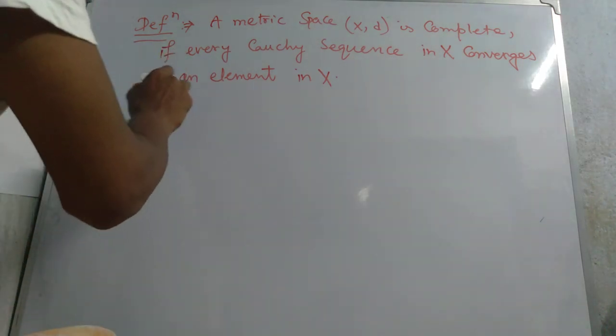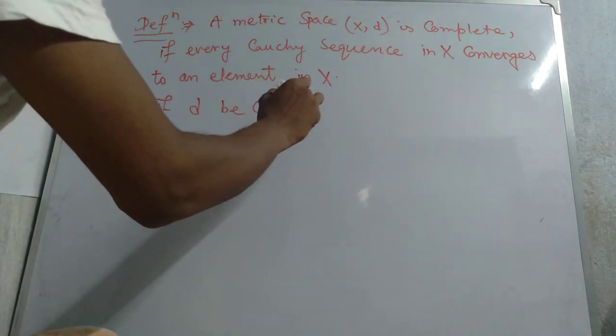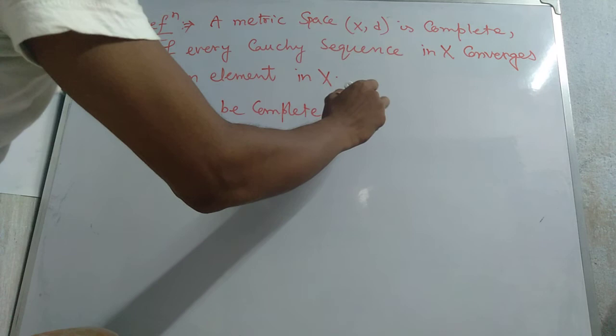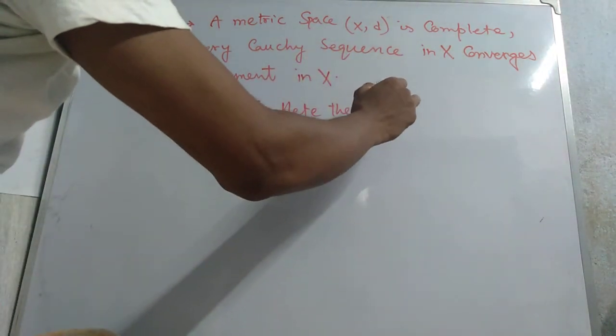If d is complete, then (X, d) is complete.